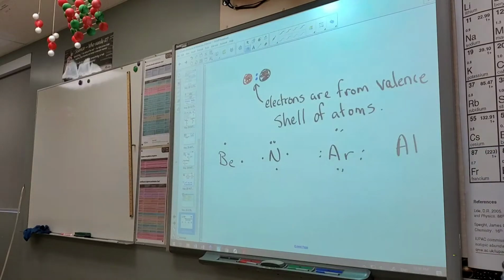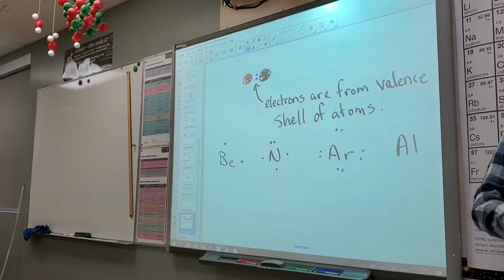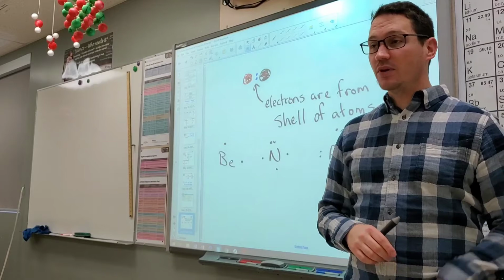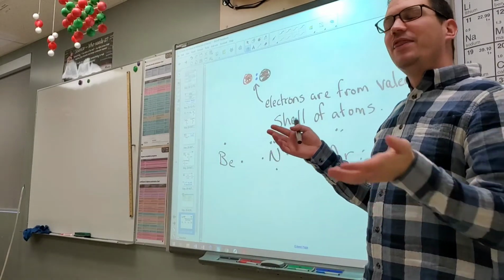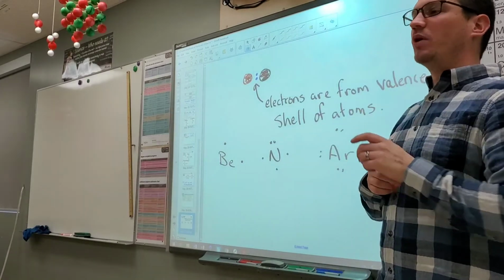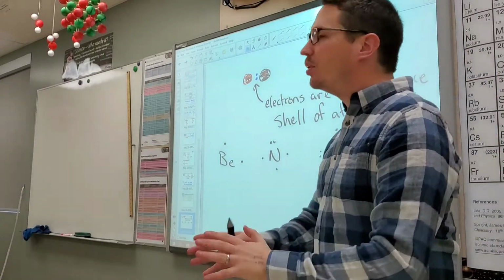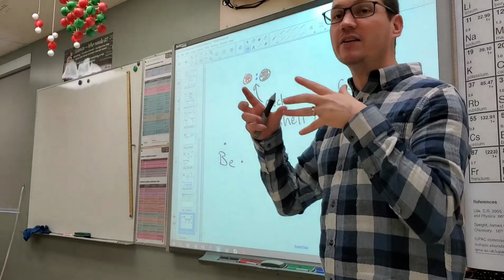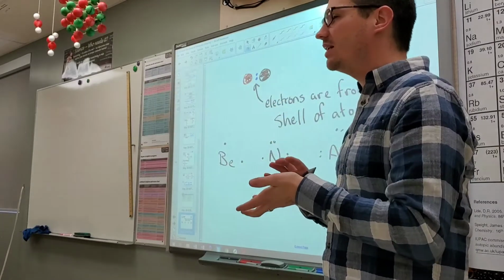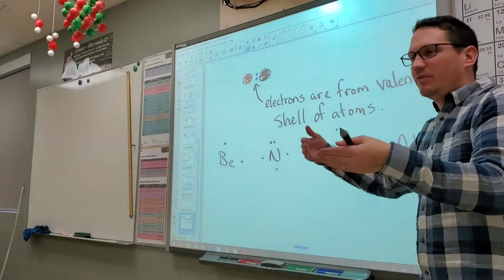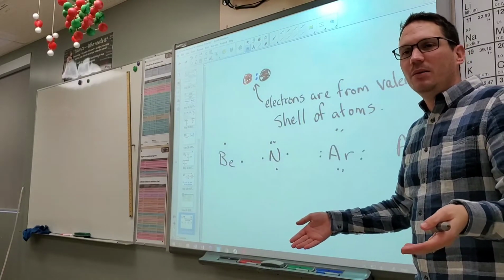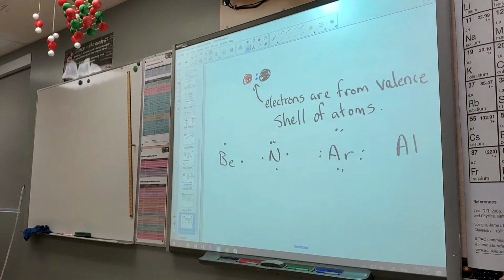So how many bonds can argon make? Under normal circumstances, right, most regular circumstances, 0. There are some rare cases where if you really put this argon under a lot of stress, under some weird conditions, yeah, maybe it'll give up some of its electrons to bond, but most of the time it won't.